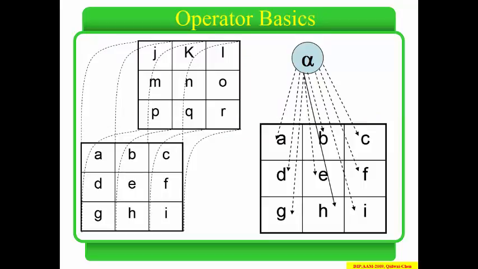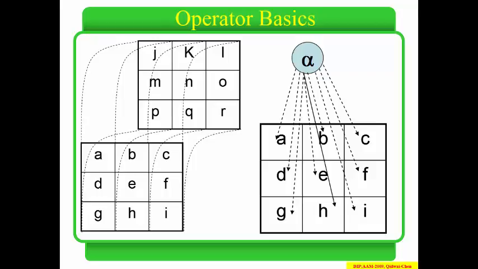So here in this slide we see the operator basics, how the operators are applied. Either I have two matrices or two images of the same size, and the operation will be done on each two corresponding pixels in these images. For example, if we take this example on the left, I can apply the operation on pixel A in the first image with pixel J in the second image.